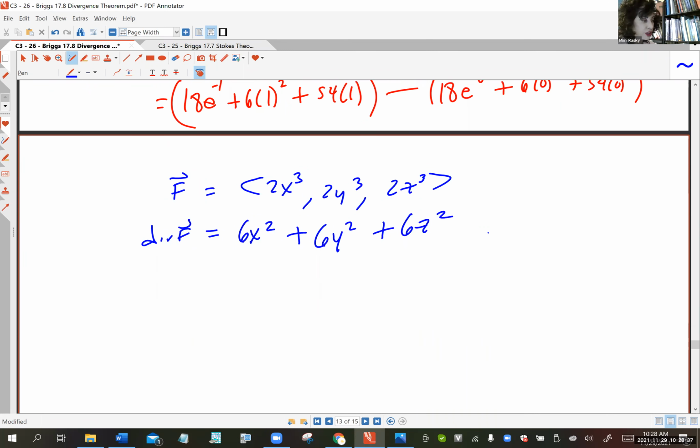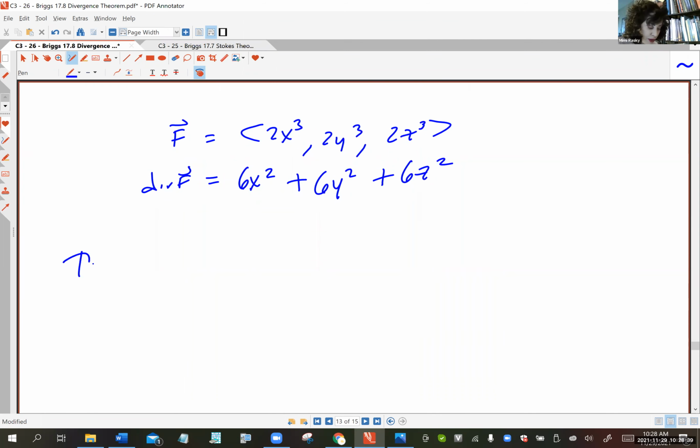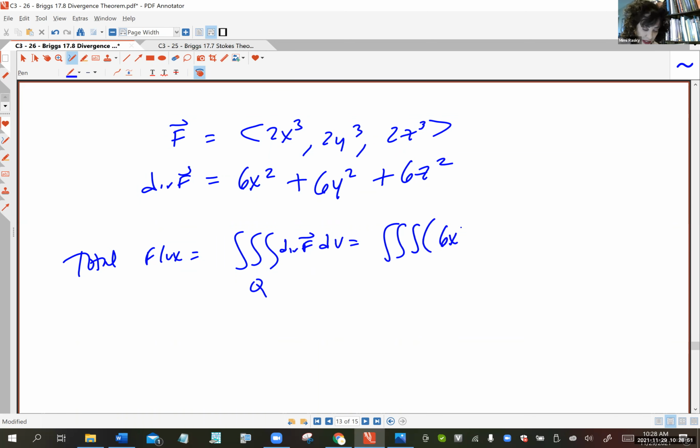So there's your divergence. So the total flux is going to be equal to the triple integral over the solid, which happens to be a sphere, and we have the divergence of F in there. We just got the divergence of F, so we're going to have 6x squared plus 6y squared plus 6z squared. Okay, fine. What's the big deal?